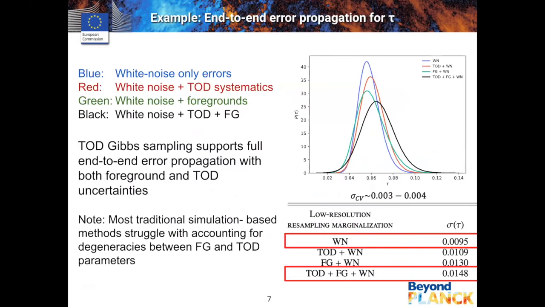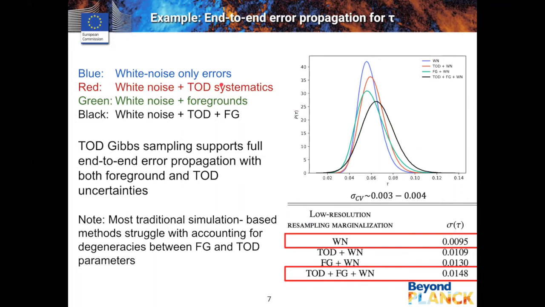Another example of the power of this Bayesian end-to-end framework is the end-to-end error propagation. We use tau as a benchmark because tau is very sensitive to white noise, TOD systematics, and foreground uncertainties. What I want to show in this plot is how marginalizing over different datasets changes the uncertainties.